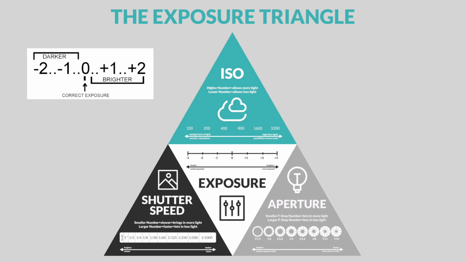But there may be some scenarios where we need to break this rule of a correct exposure. So let's just say you have a white wall behind your subject. Well, the camera sees black and white and it tries to make 18% grey.